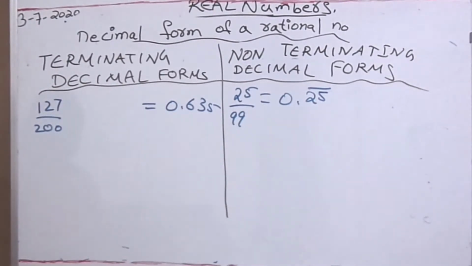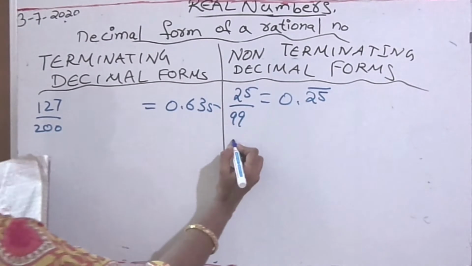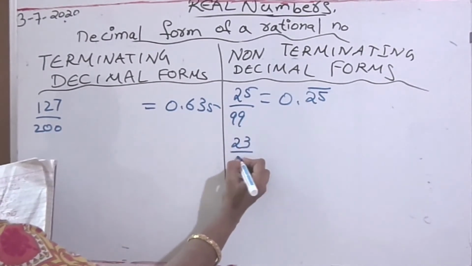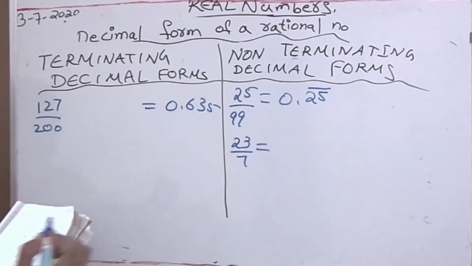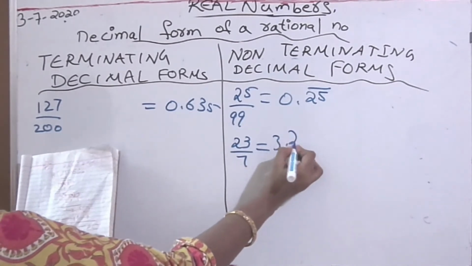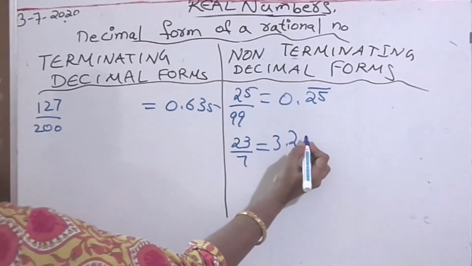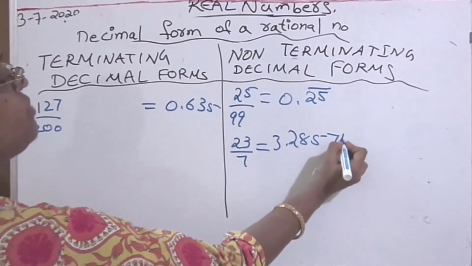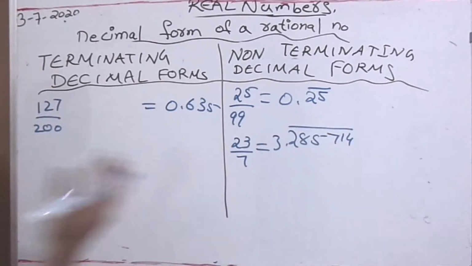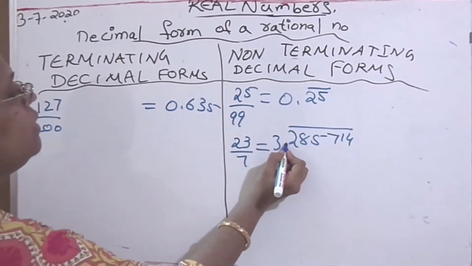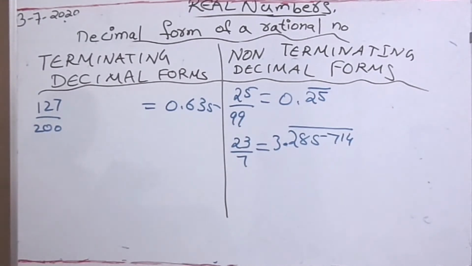Next, 23 upon 7. 23 upon 7 also was non-terminating and recurring. That is 3.285714. It was recurring. We have done all these sums. Okay. We are classifying them as terminating and non-terminating.